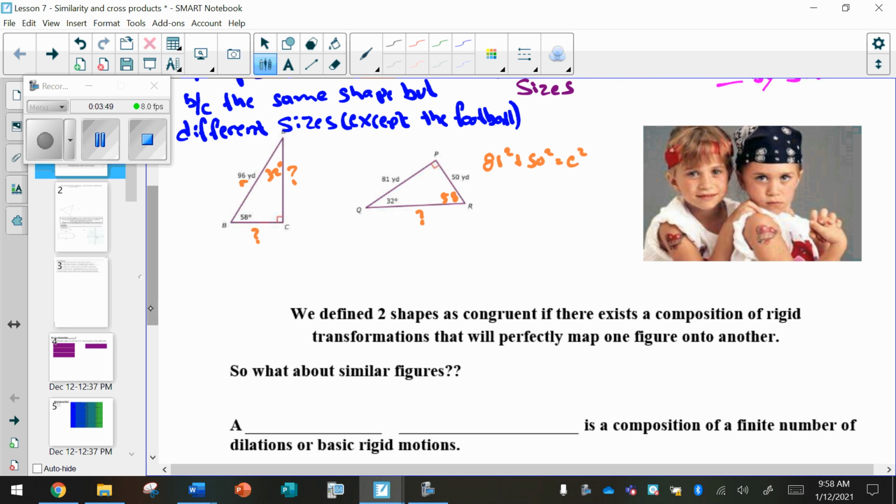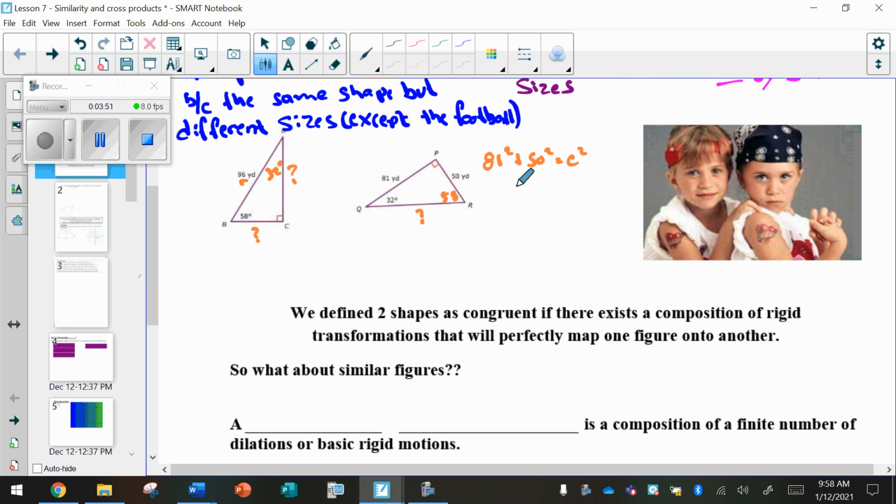In order to know if they are the same size, I have to finish my Pythagorean theorem. So I have to do 81 squared plus 50 squared. When I square them and add them, I get 9,061. And then when I square root that answer, I don't get exactly 96. I get 95.189285511.